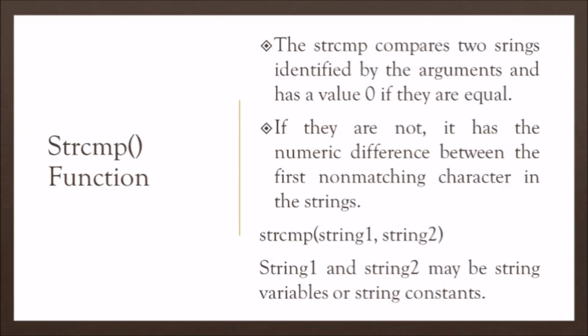Now the next one is the strcmp function. The strcmp function compares two strings identified by the arguments and has a value 0 if they are equal. If they are not equal, then it has the numeric difference between the first non-matching characters in the strings.